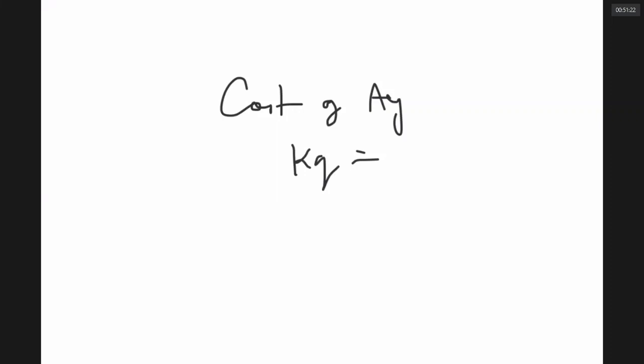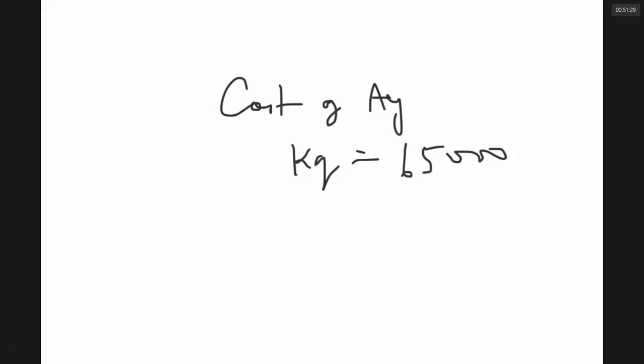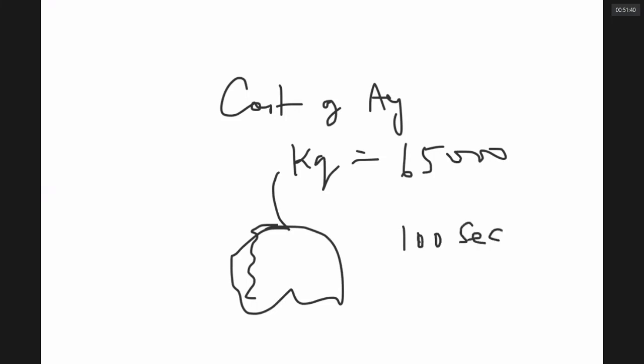63,000. 65,000, let us suppose. Now, on your copper article, you pass current for, say, 100 seconds, 1 ampere current.